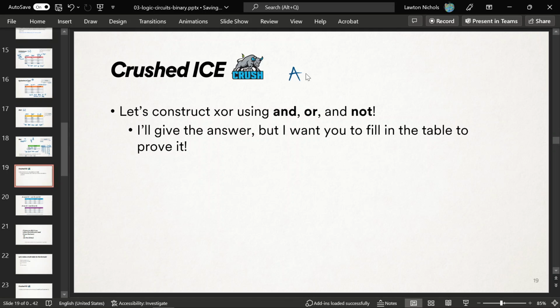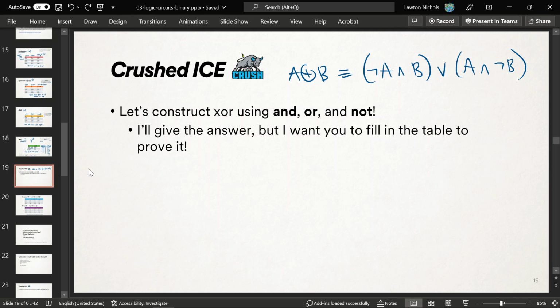So A exclusive OR B is logically equivalent to (not A and B) ORed with (A and not B). So here's me using the symbols all right next to each other. Hopefully you can read that. That is quite nice. A exclusive OR B, it's really just this. You didn't need an extra symbol if you didn't want one.